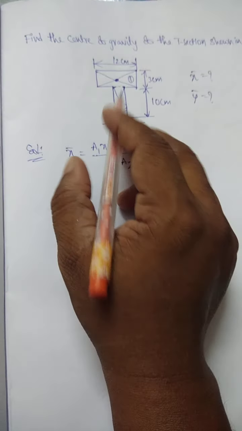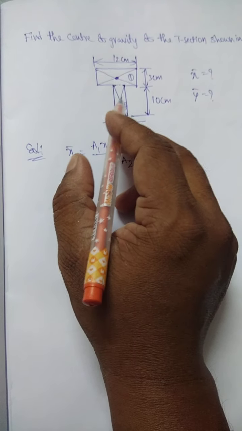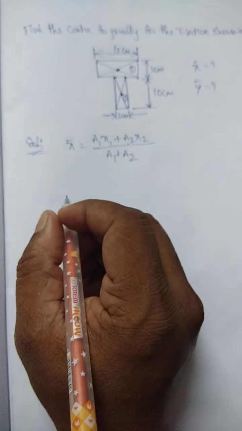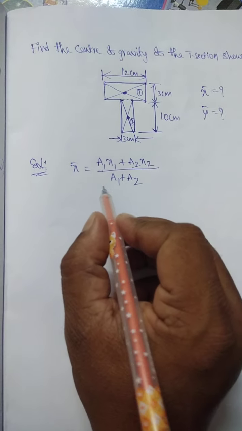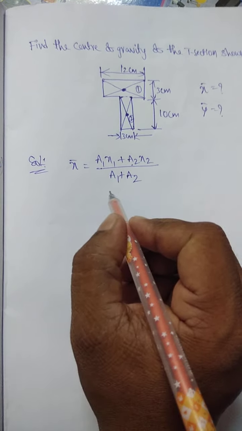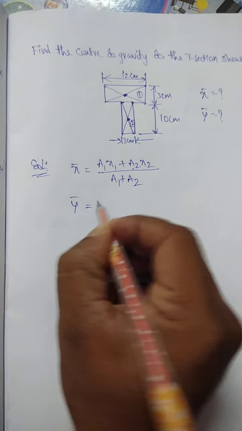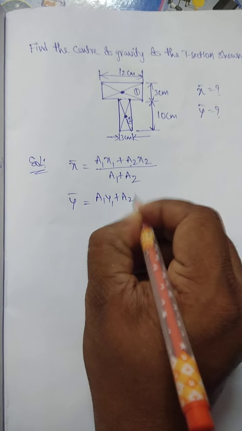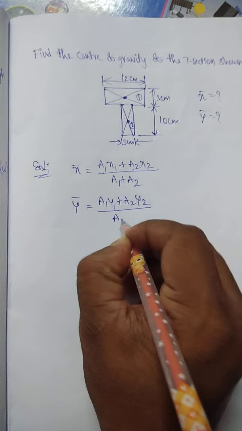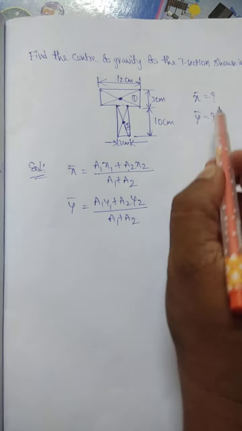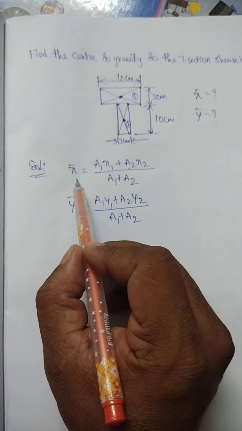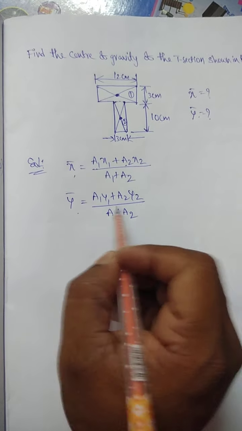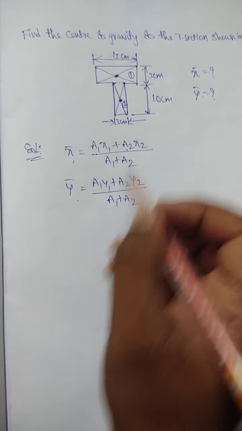As we have only two parts in the T section, we take the equation as x bar is equal to a1 x1 plus a2 x2 by a1 plus a2, and y bar is equal to a1 y1 plus a2 y2 by a1 plus a2.